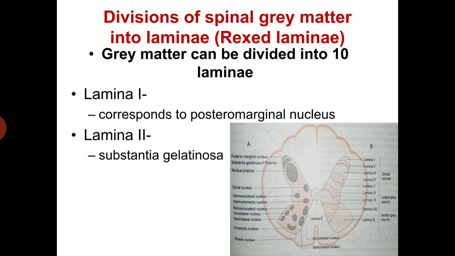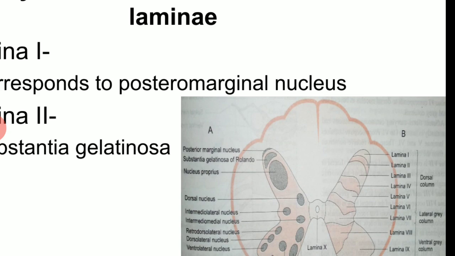Now, division of spinal gray matter into laminae. This is known as Rexed laminae, divided into 10 laminae. Lamina 1 basically corresponds to the posterior marginal nucleus.